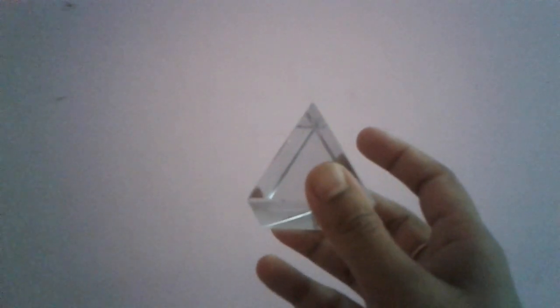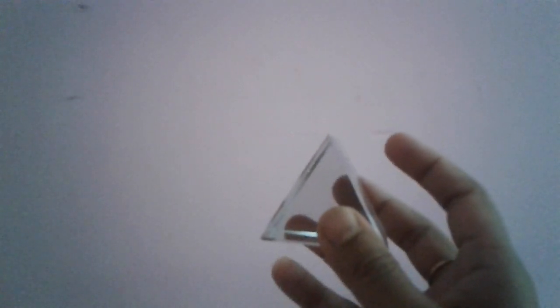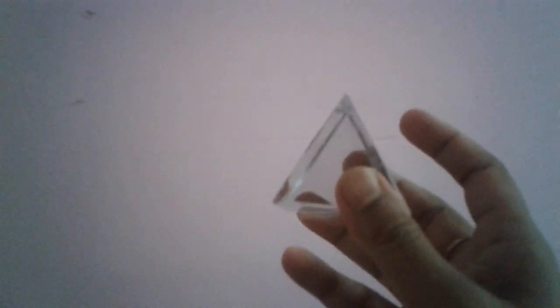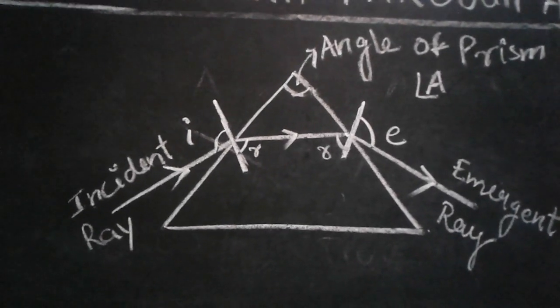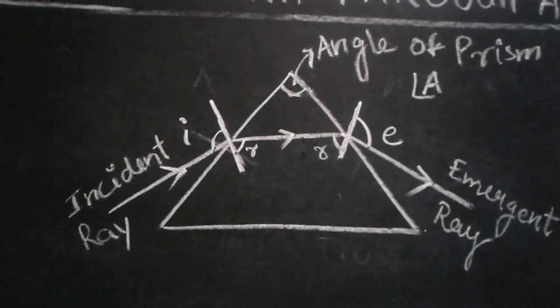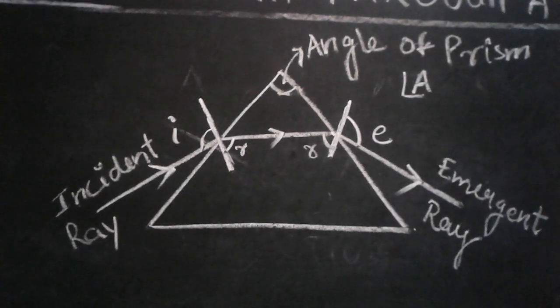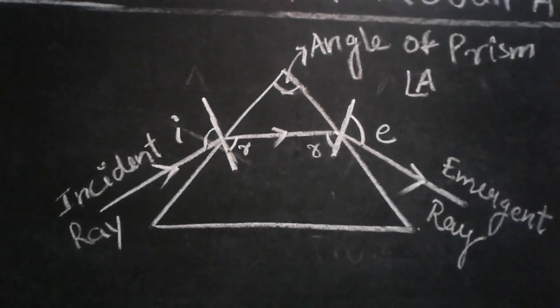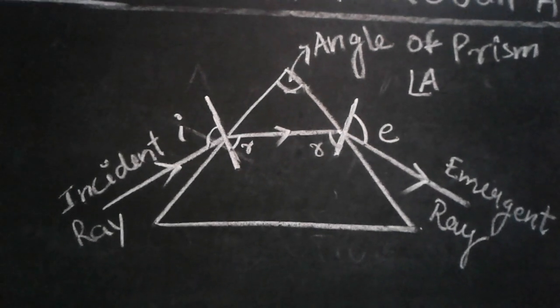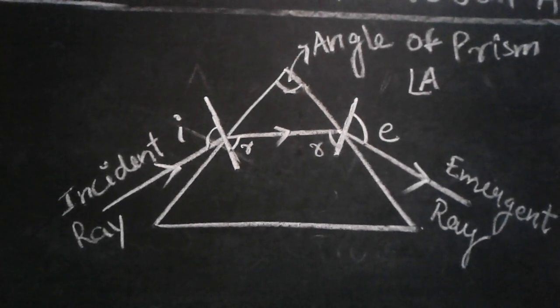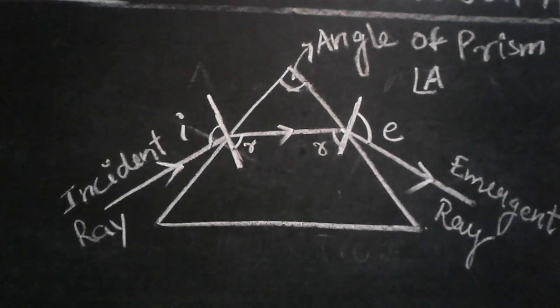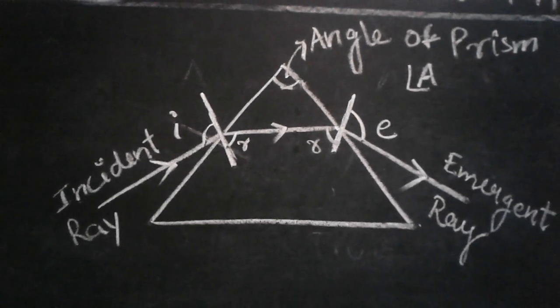Now let us see how light behaves when it passes through a prism. As you can see here, this is a diagram in which the light ray is passing through this glass prism and it is getting refracted. The first ray is the incident ray and the angle drawn between the incident ray and the normal is the angle of incidence.